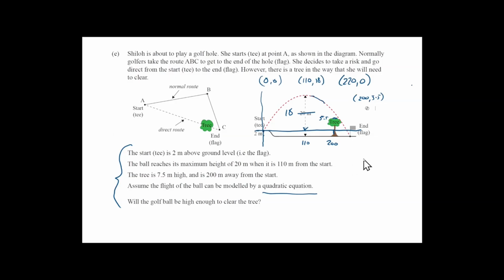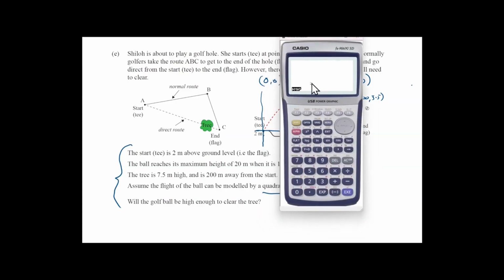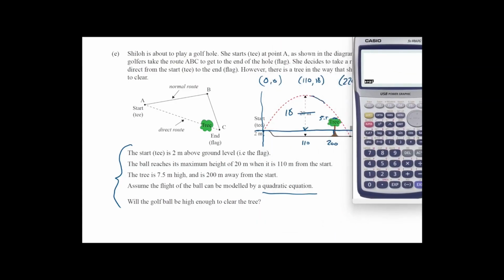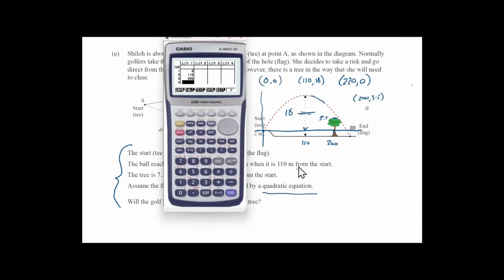You can do that straight away on your calculator. I'll show you how to do it, but I think they want you to show how you do it with algebra. So menu, stat, and we're going to enter 0, 110, 220 here, and then across 0, 18, 0, and then graph 1, calculate the parabola, and it's going to be that.